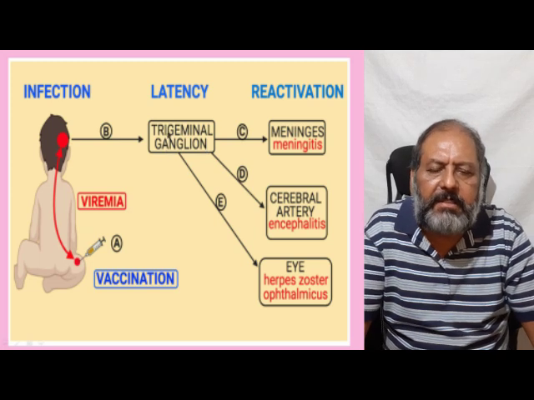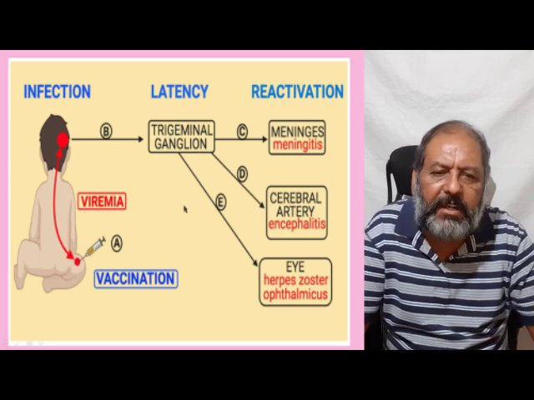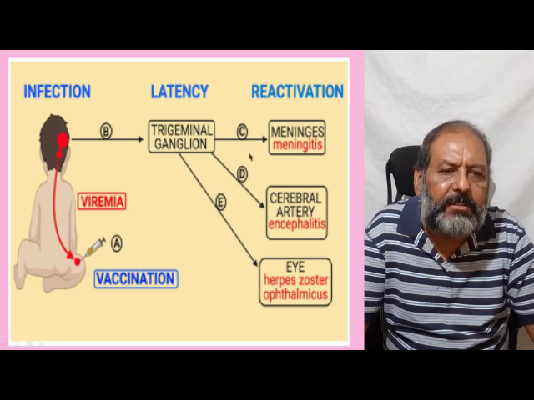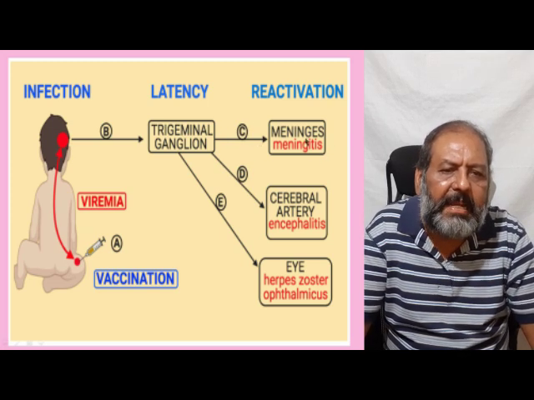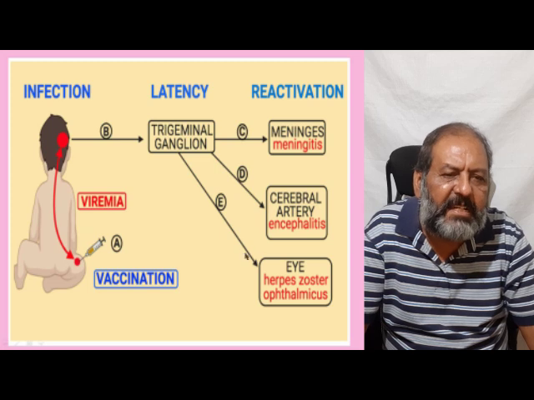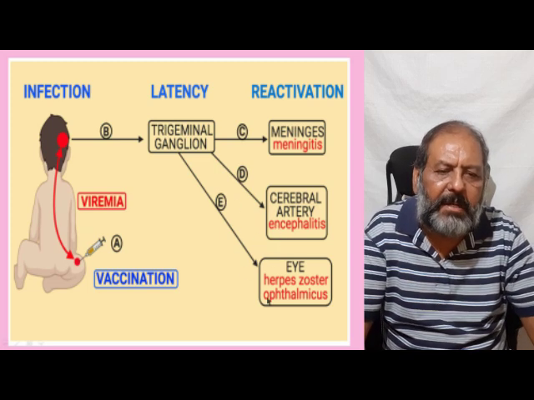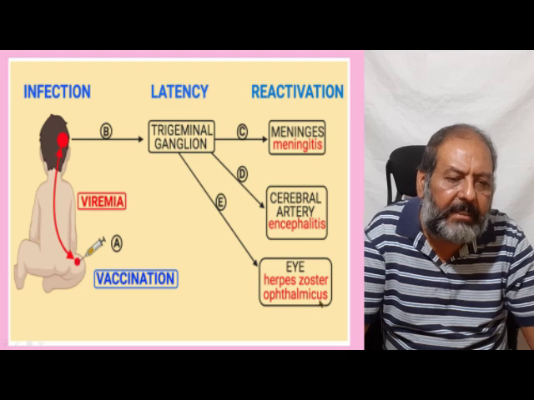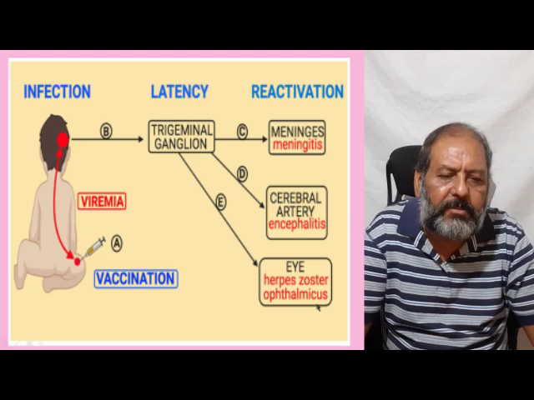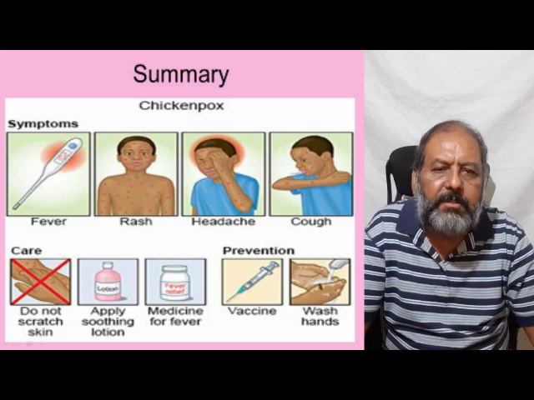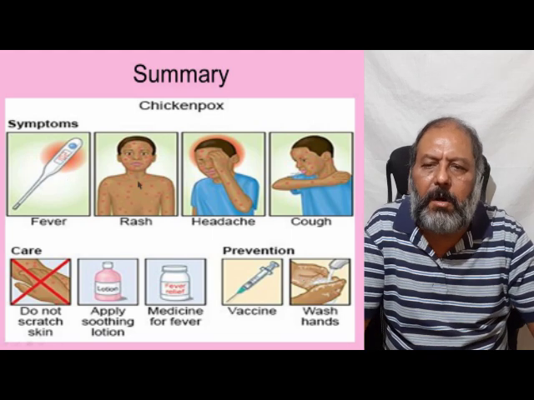From here, it is going to stay in the trigeminal ganglion, and ultimately it is going to reactivate, and then it can go to the meninges, it can go to the cerebral artery causing encephalitis, it can go to the eyes to cause herpes zoster ophthalmicus. So that is the summary of the chickenpox.